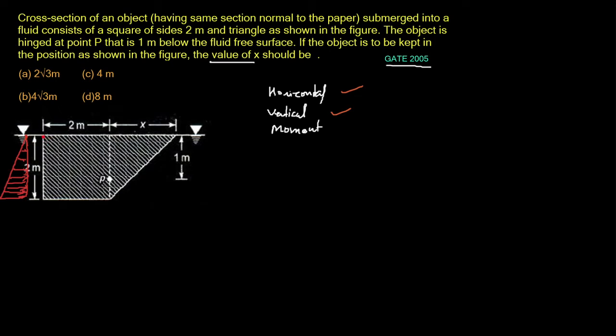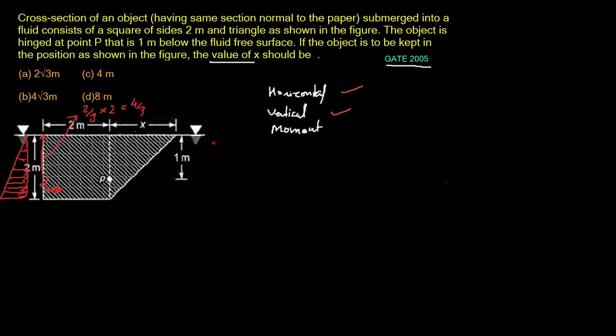So this distance would be 2 by 3 of the height. Height is 2, so it would be 4 by 3, and 4 by 3 is 1.333. It would be like here. This would be the total force acting.